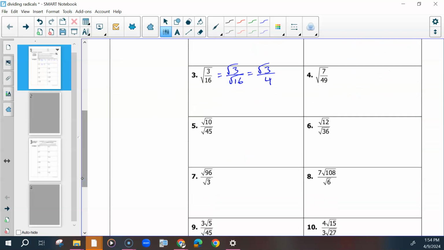Number 5 is already broken apart. I cannot simplify the square root of 10 because the only factors are 1, 2, 5, and 10. And then nothing is a perfect square or something that can be broken down more. But I can simplify the square root of 45 to the square root of 9 and the square root of 5. And I know the square root of 9 is 3.